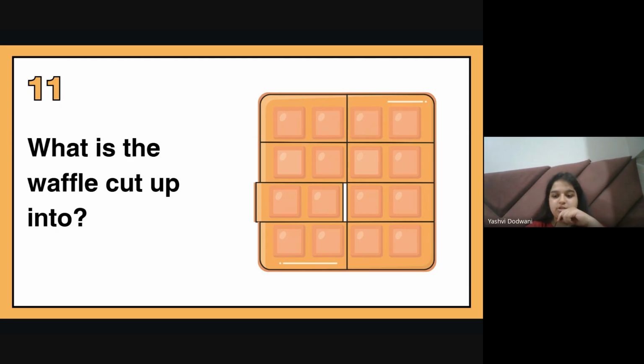Anyone? The remaining fraction? 3 by 8 are eaten.